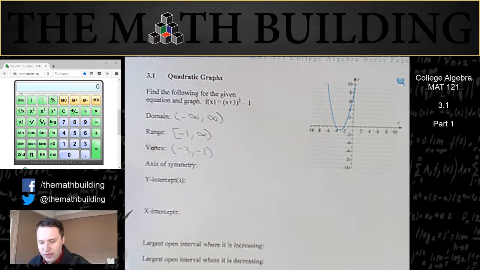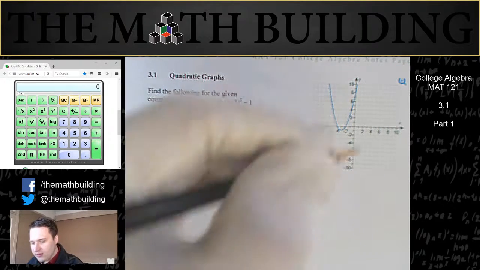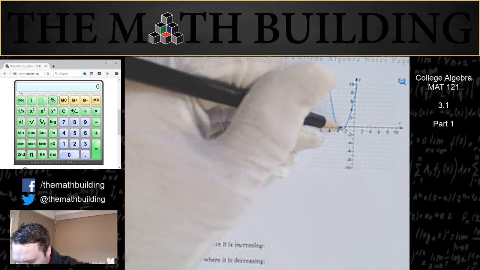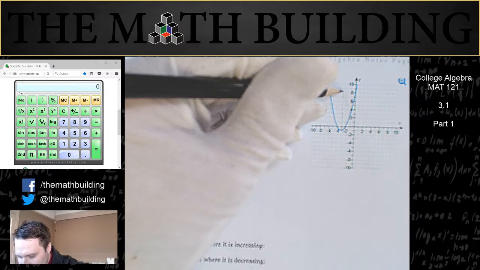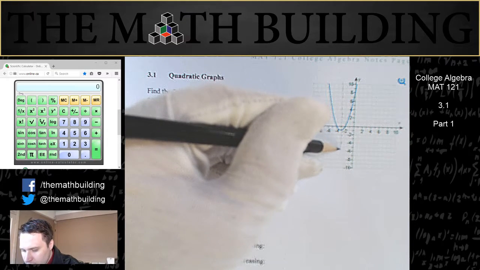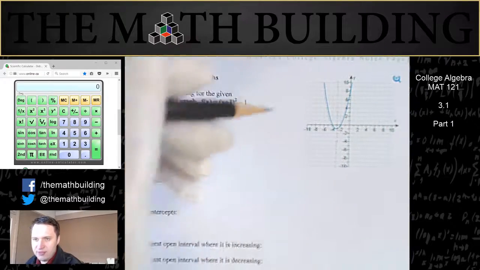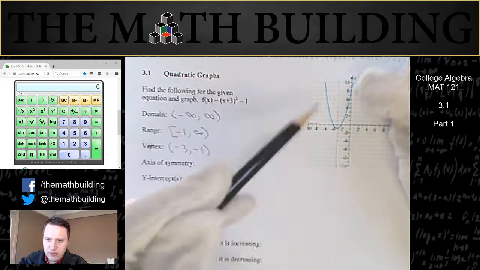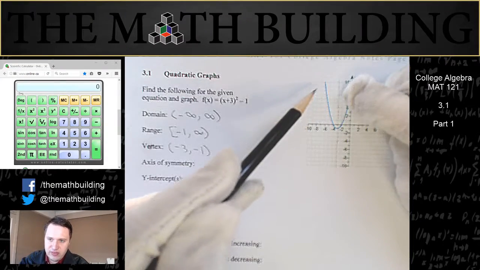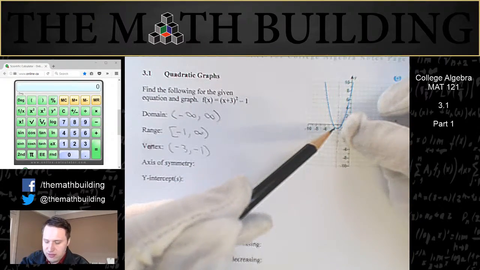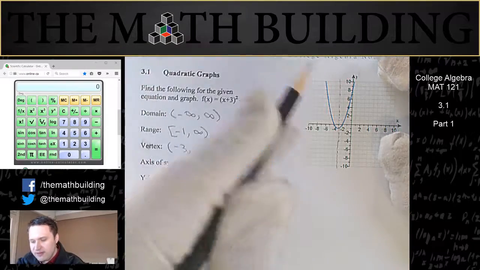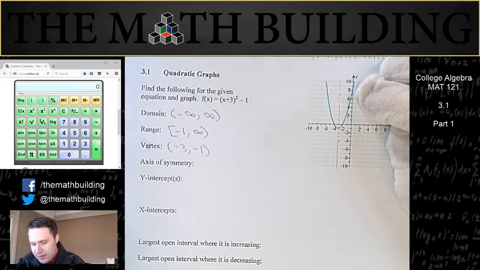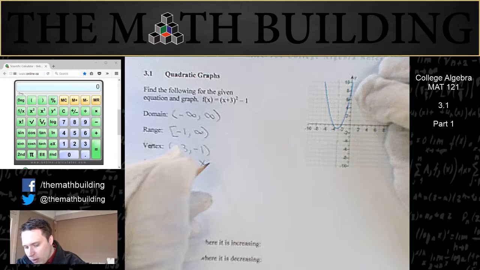There's also something called the axis of symmetry. You'll remember that if we have a parabola that's on the origin, it's even because both sides match each other. Well, for every vertex, there will be an axis of symmetry where the graph is a mirror image of itself on both sides of the axis of symmetry. Because that's a vertical line in this case, this is going to be an equation of a line.